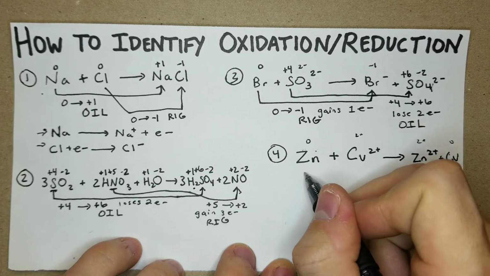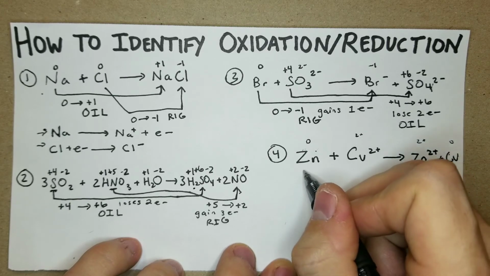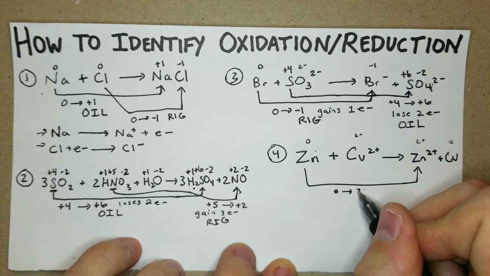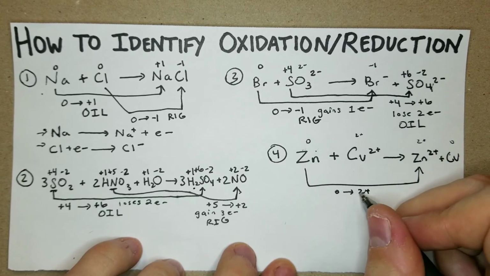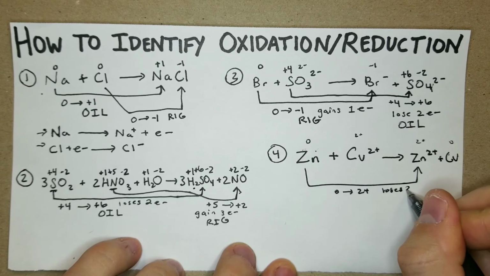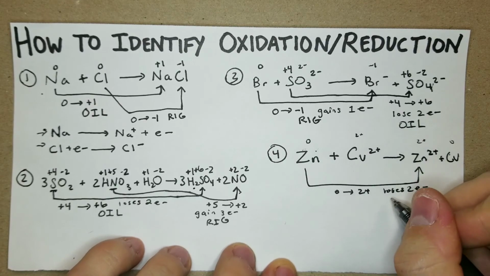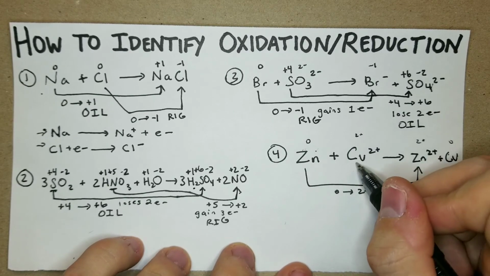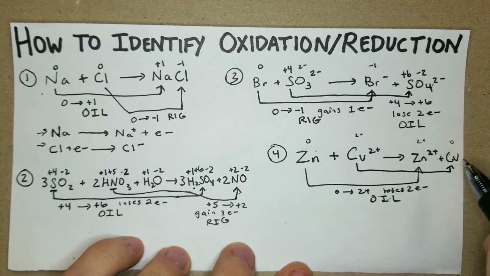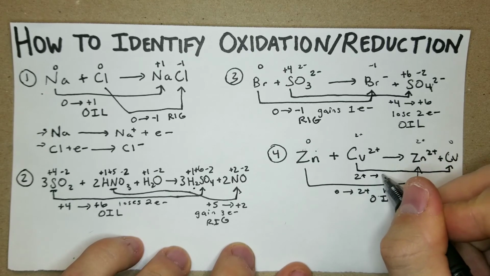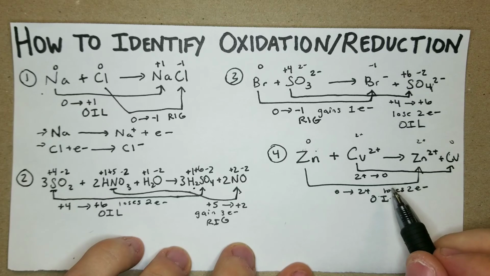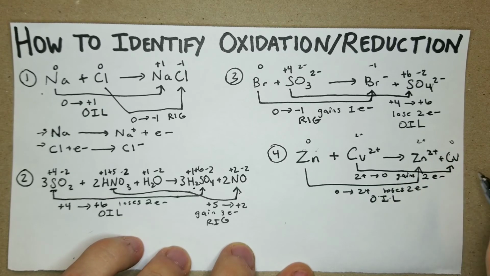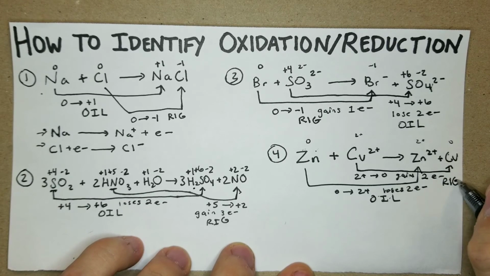So for Zn we go from 0 to 2 plus, so it loses 2 electrons, which means that that is oil. And for the Cu, it goes from a 2 plus to a 0, which means it gains 2 electrons, which means that's Rig.